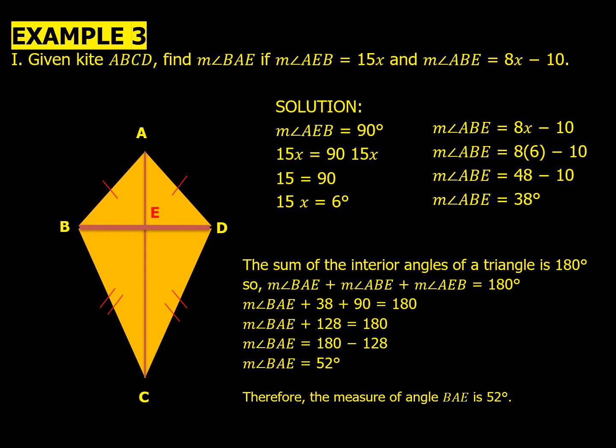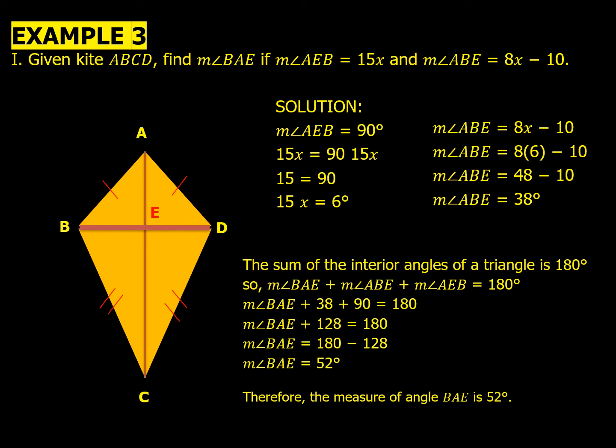The measure of angle BAE is unknown, the measure of angle ABE is 38 degrees, and the measure of angle AEB is given. So we will just look for the measure of angle BAE.